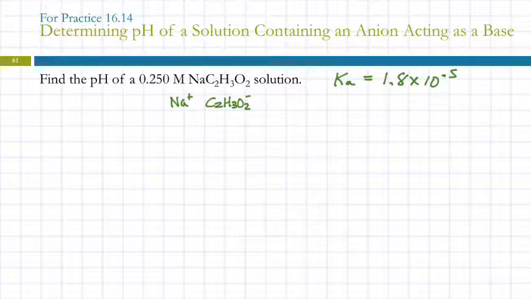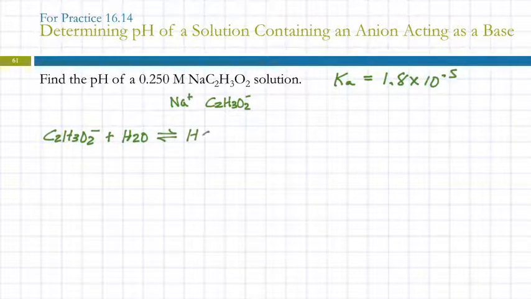So if I have C2H3O2 minus acting as a base, it's going to accept a hydrogen ion from water and form hydroxide ion, right? It's acting as a base. This is acetic acid. This is a weak acid. I looked up its acid ionization constant.